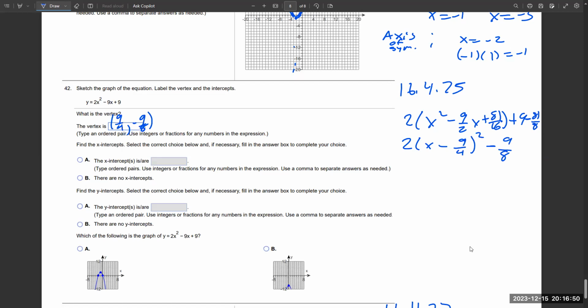So my vertex is at 9 quarters, negative 9 over 8. The x-intercepts are, let's keep going here by setting this equal to 0. You may have never seen anyone do this, but this keeps us from having to use the quadratic formula.